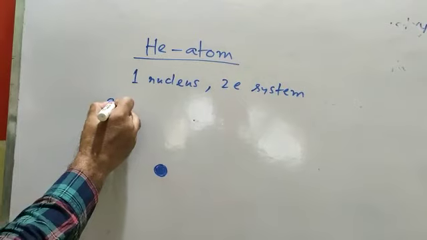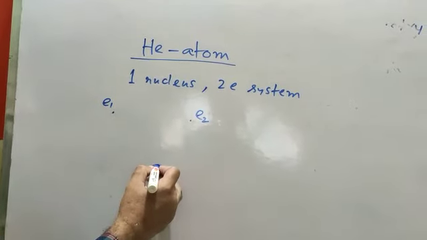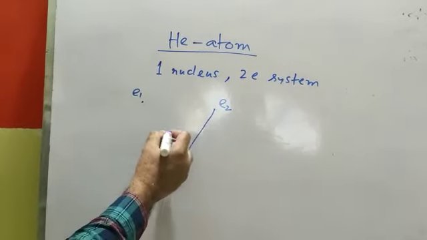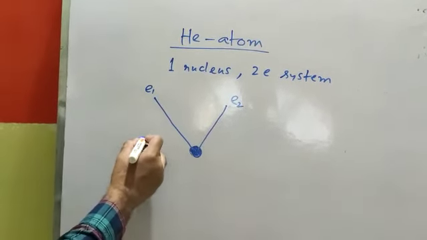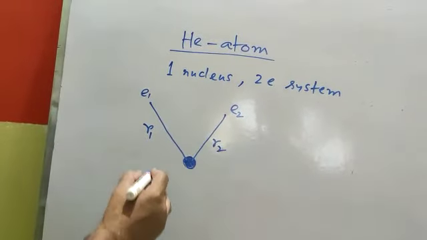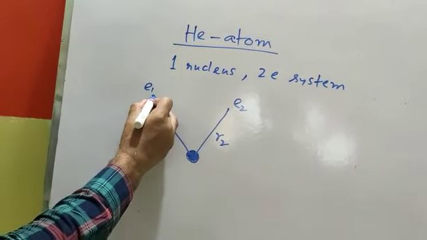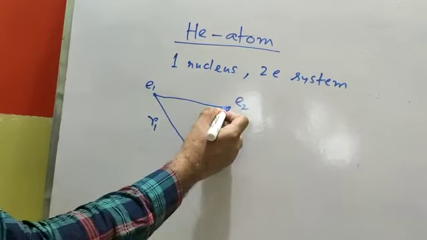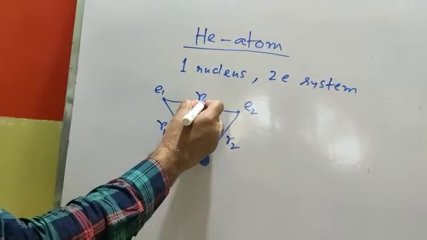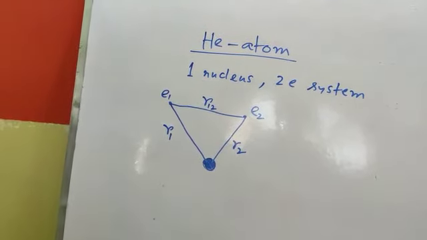This is electron 1, this is electron 2, this is R1 from the nucleus, this is R2 from the nucleus, and the inter-electronic distance, let it be R12.